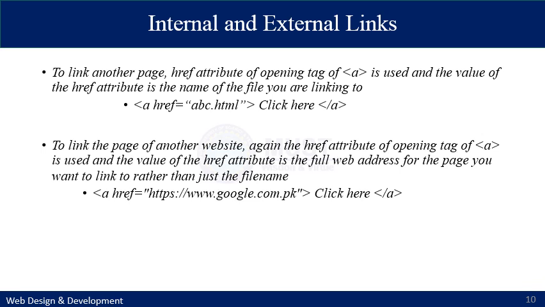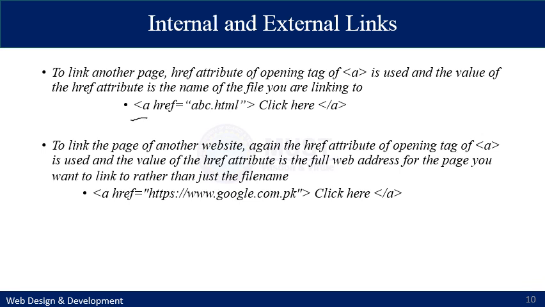So internal links are internal to web applications. To link another page, the href hyperreference attribute is used in an opening tag of A, known as anchor, and the value of the href attribute is the name of the file you are linking to.